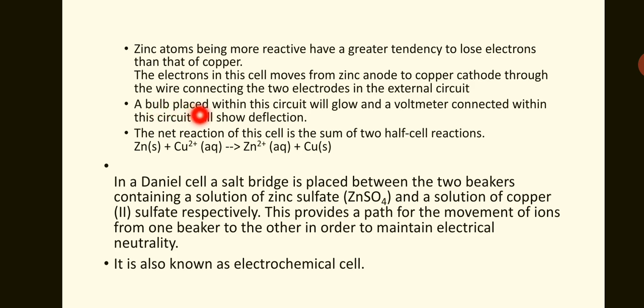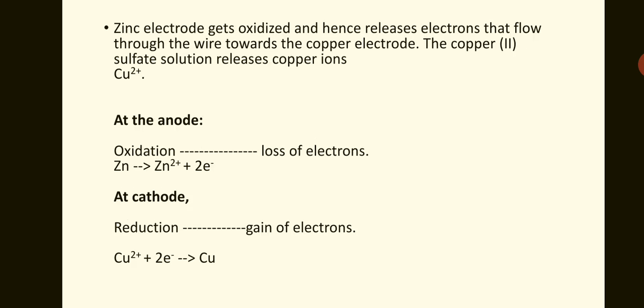Now a bulb or voltmeter you can place within the circuit. An LED bulb will glow and a voltmeter connected within the circuit will show deflection if we connect these two with the wire. The net reaction of the cell is the sum of two half cell reactions. This is the first half cell reaction, which is called oxidation, and this is the second half cell reaction, which is called reduction.